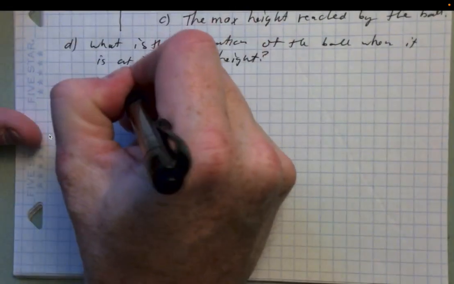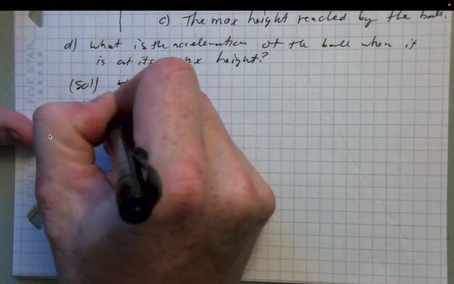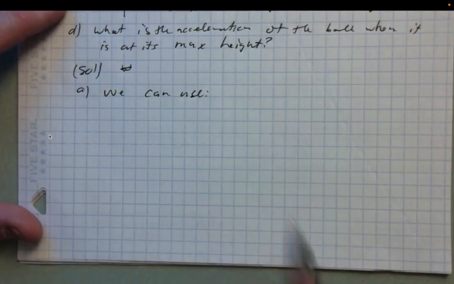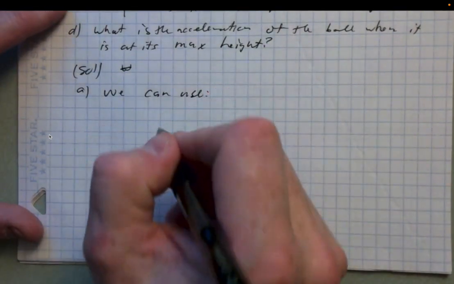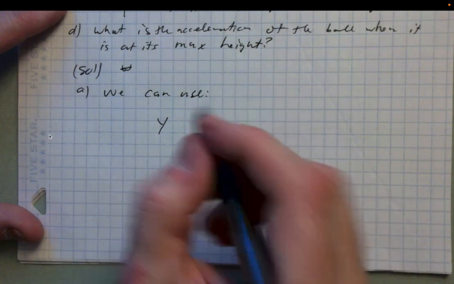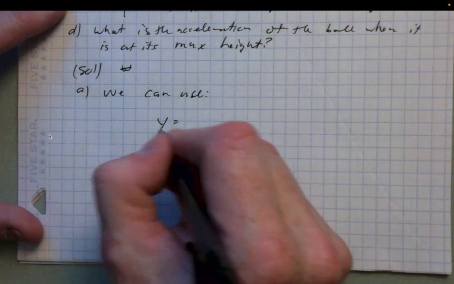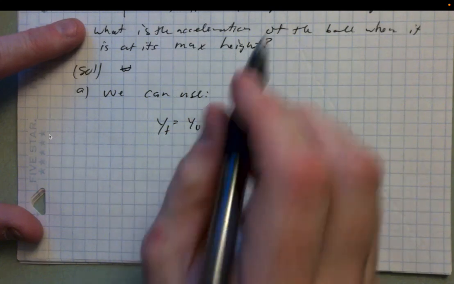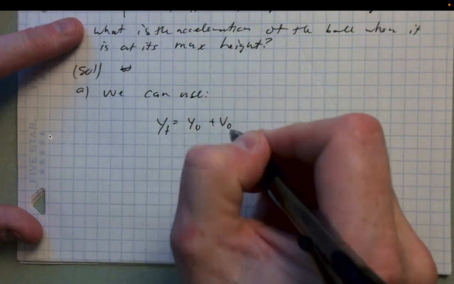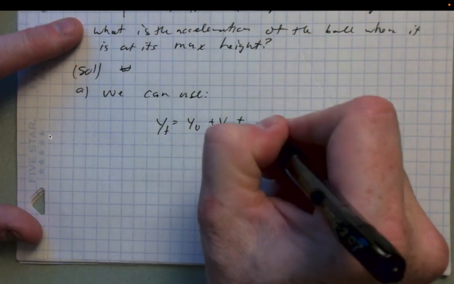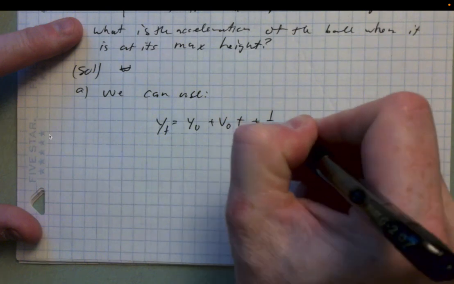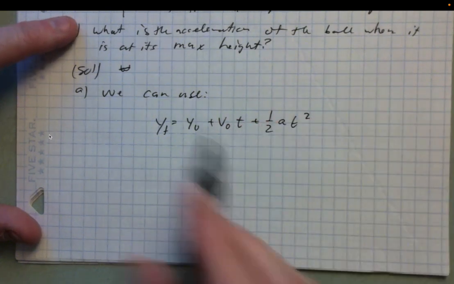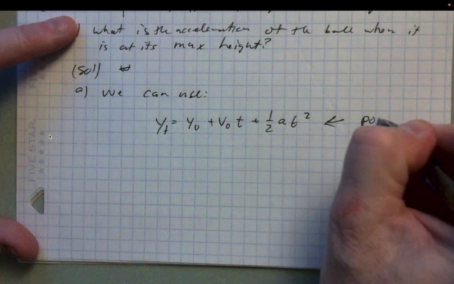There are different ways to do this, but one way would be to use this position formula: y final equals initial position plus initial velocity times t plus 1/2 acceleration times t squared. So this would be a nice position function you could use.